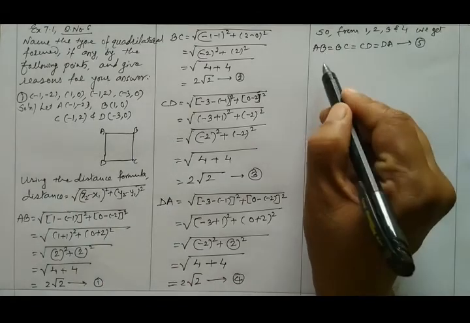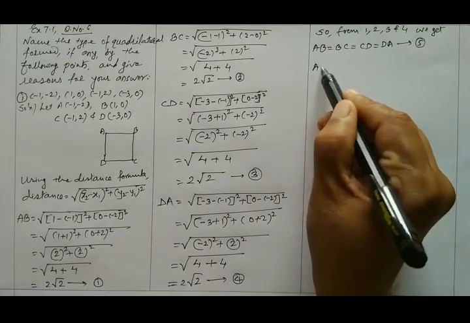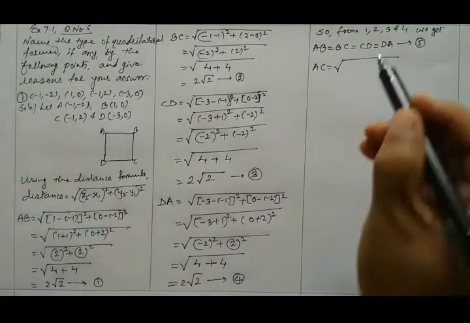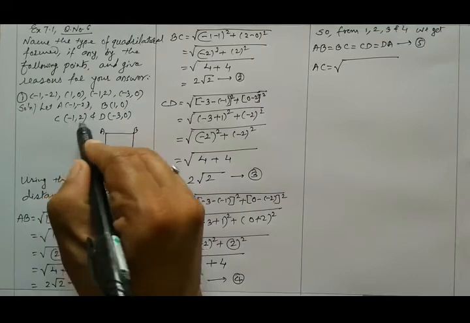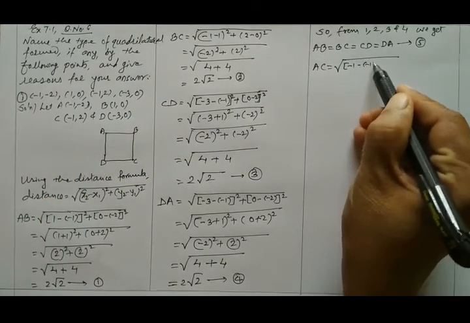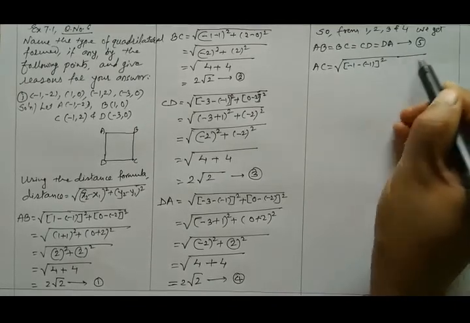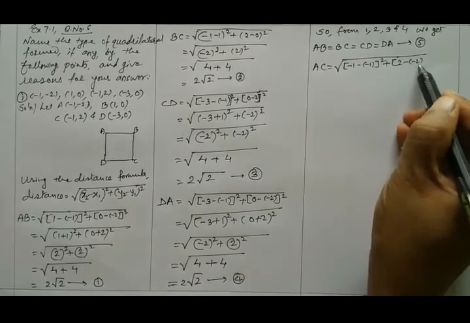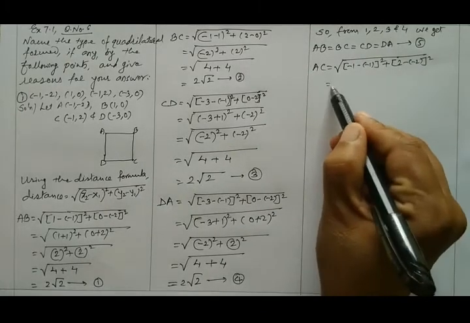Okay, so now calculate AC. AC is equal to, so A and C, x1 y1, x2 y2. So see here, minus 1 minus minus 1 whole square plus 2 minus minus 2 whole square.